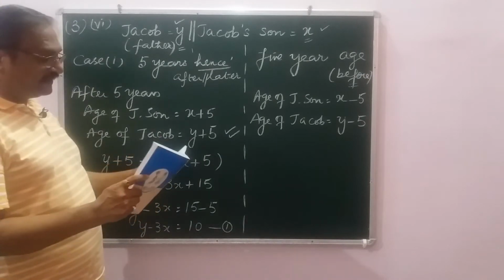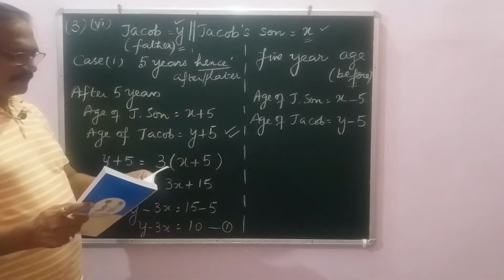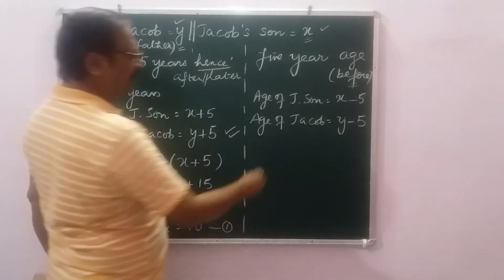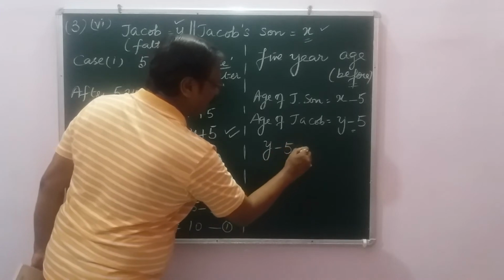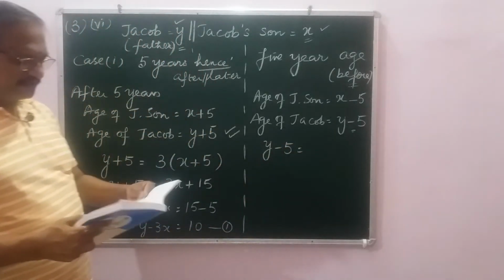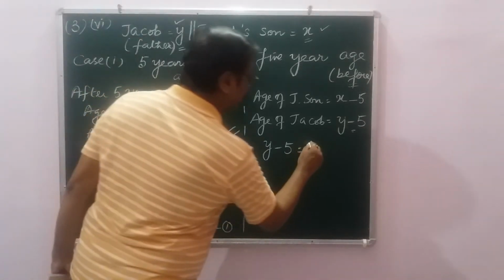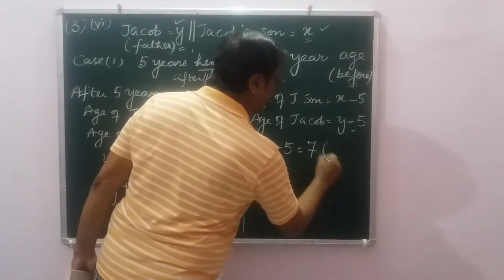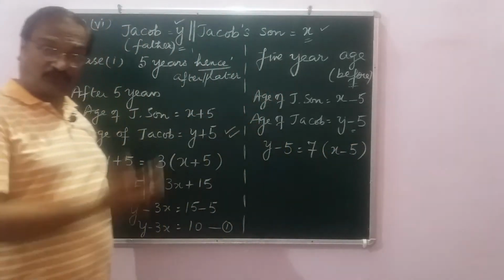Now, what is he stating here? At that time, Jacob's age Y minus 5, before 5 years, will be equal to 7 times that of his son. What was his son's age? X minus 5, before 5 years.